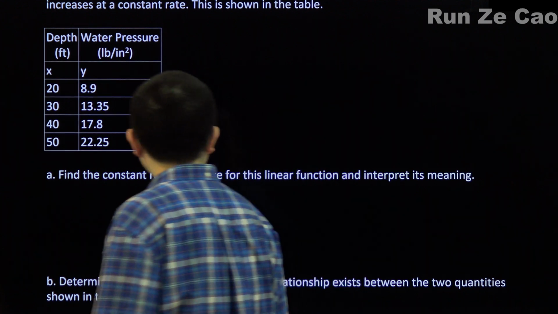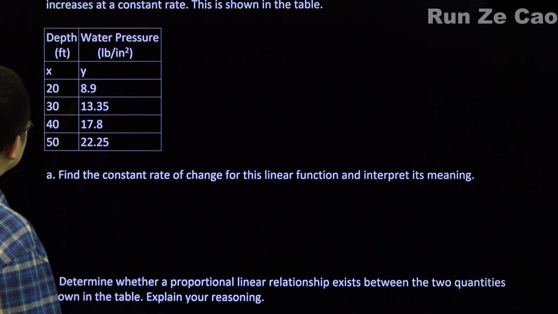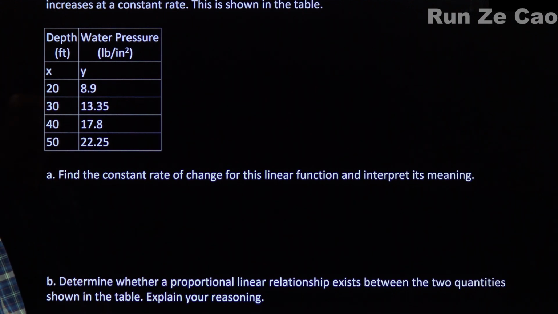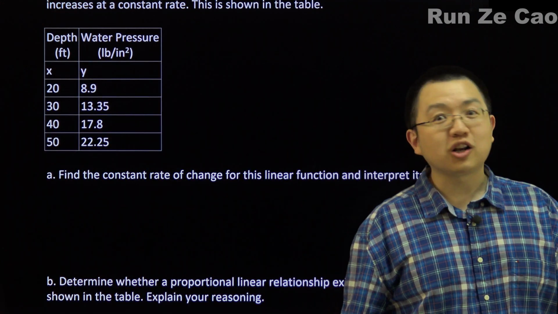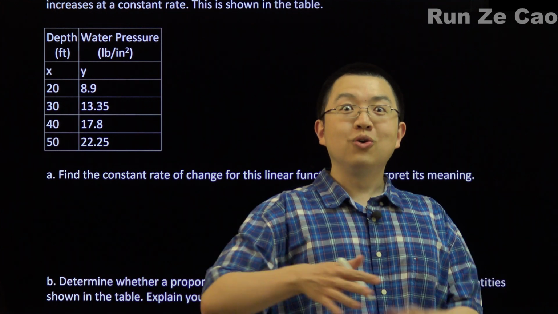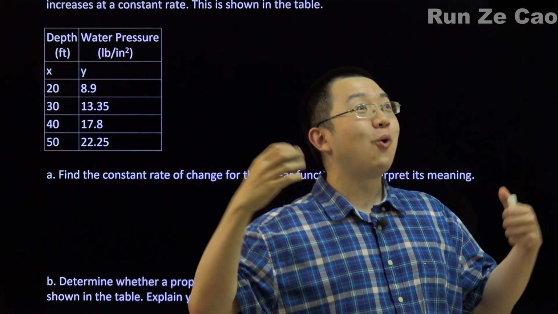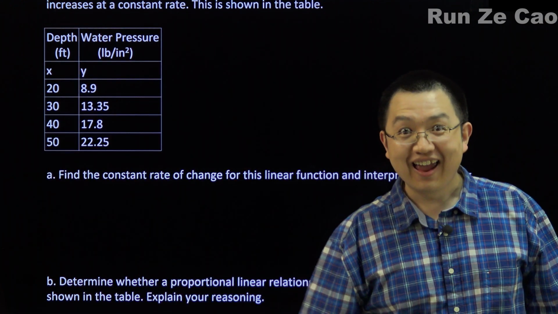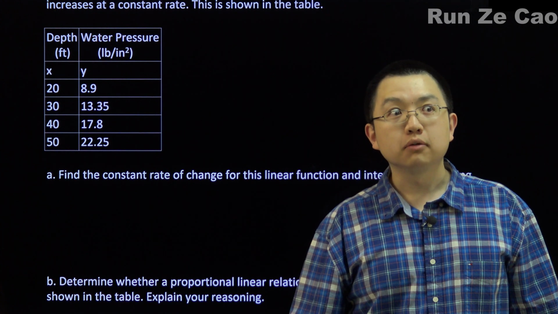Find the constant rate of change for this linear function and interpret its meaning. We know that it increases at a constant rate, and we know that at the surface of the ocean, where the depth is 0, the water pressure is also 0. Because there's no water pressing down on ya. Does this surprise anybody? I hope not.